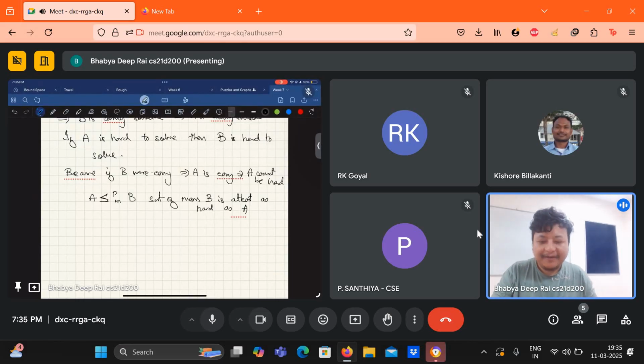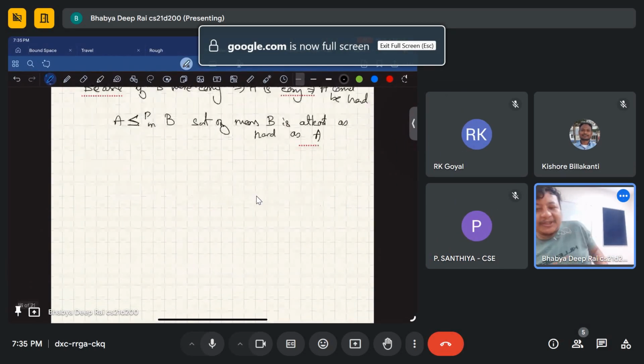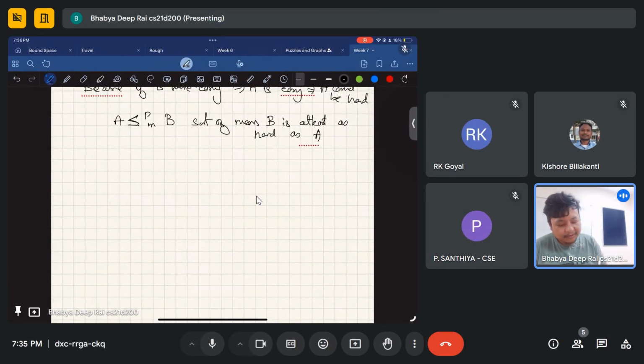So now we have the notion of hardness. Now the question is, if A reduces to B, it says that B is somewhat harder than A. Then what is the concept of the hardest language in NP, or equivalently P, or coNP?